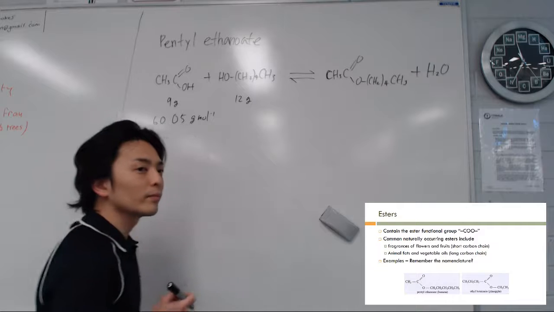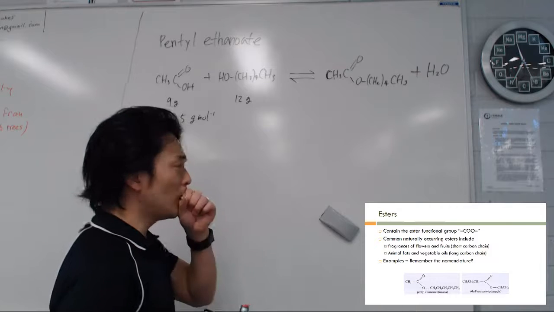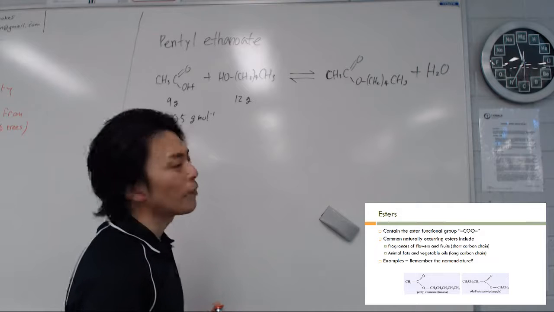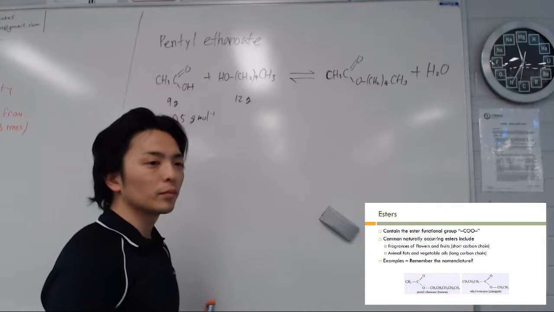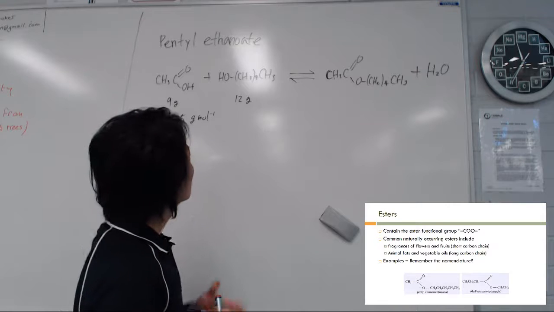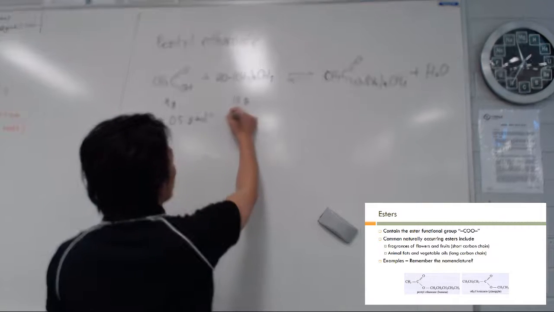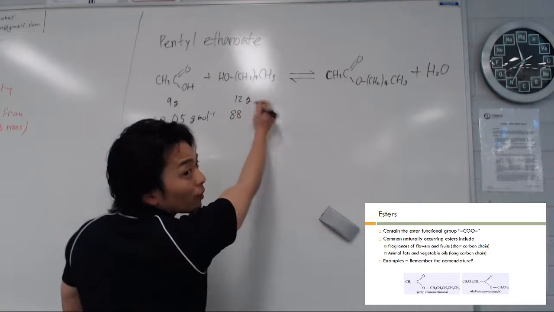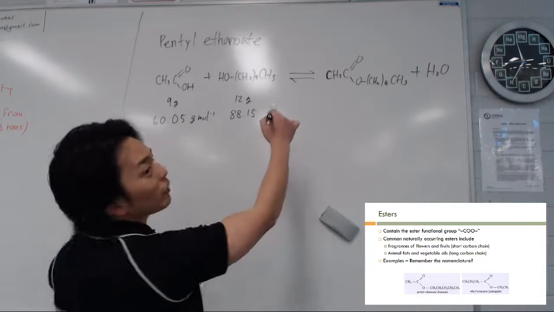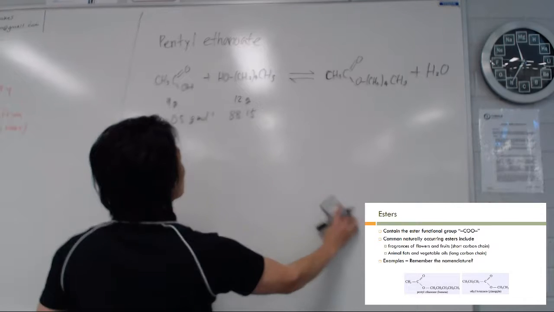What's the carbon? 12.01 times by 5. 88 point 1.5. Don't round yet. Okay, go 146 then. 146.